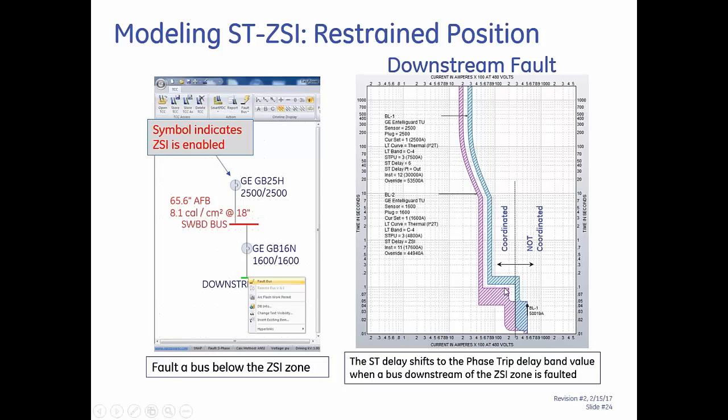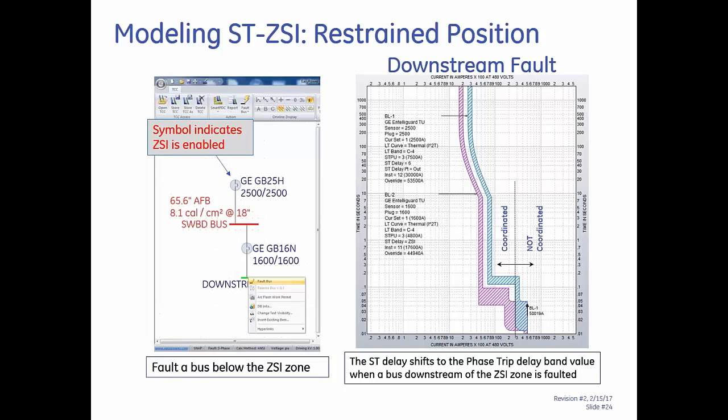Now you get a sense of how the coordination is maintained, even though we started with that overlap. This is the restrained position you get only when you have a fault downstream of the downstream breaker in the scheme. Note that where the instantaneous parts of the curve begin to overlap, from that area to the right, it is still uncoordinated.